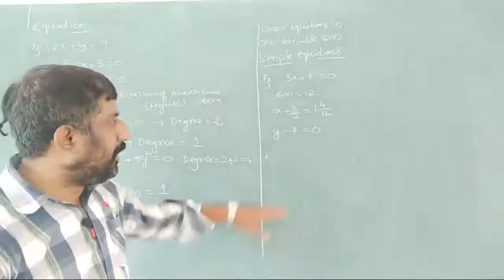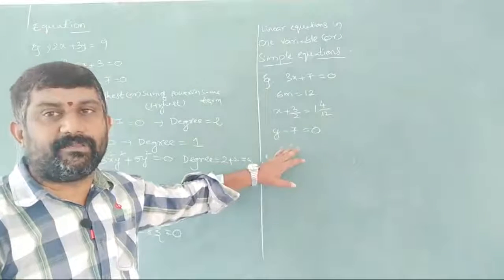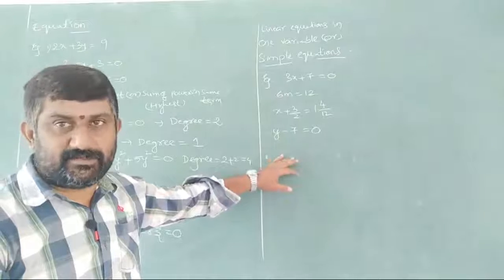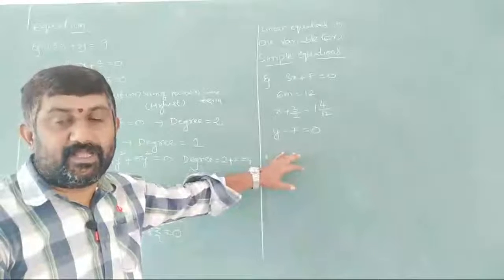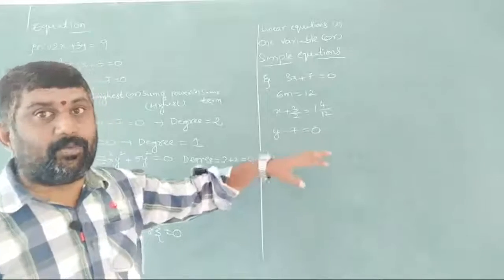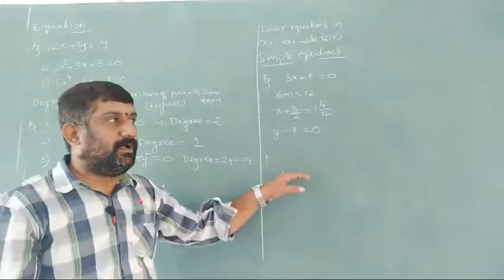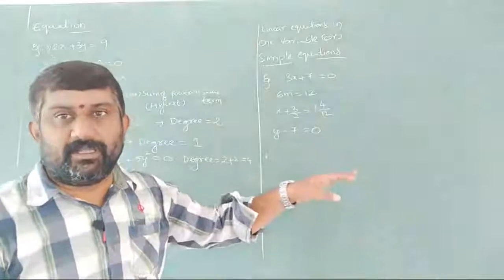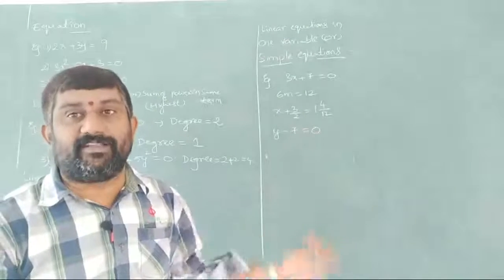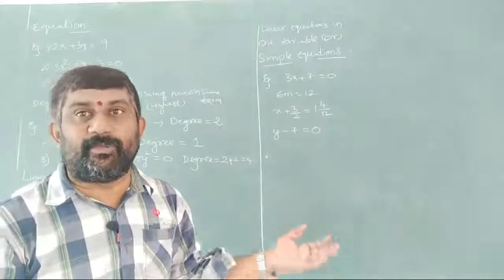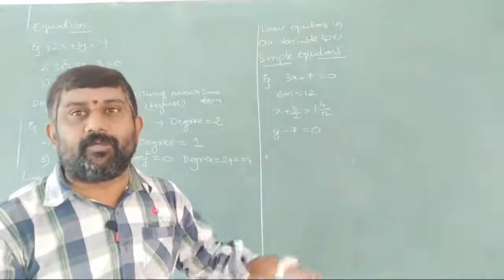Okay, up to now this is the introduction about simple equations or linear equations. These are very useful in all competitive examinations. Sometimes a problem will come like: Ramu's mother's age is 4 times Ramu's age, and after 6 years the sum of their ages is going to be 62, then find Ramu's age.